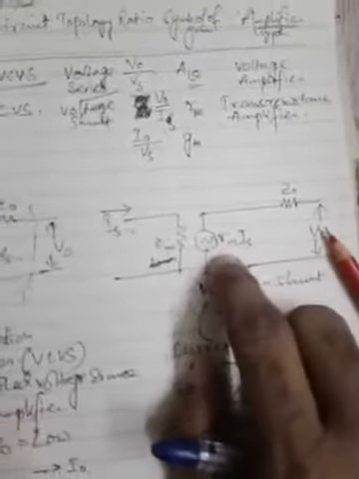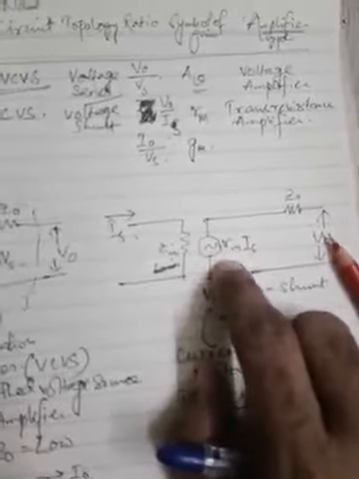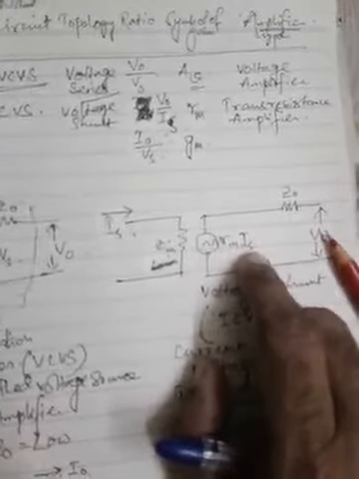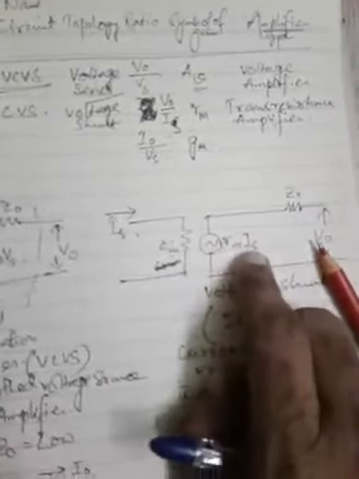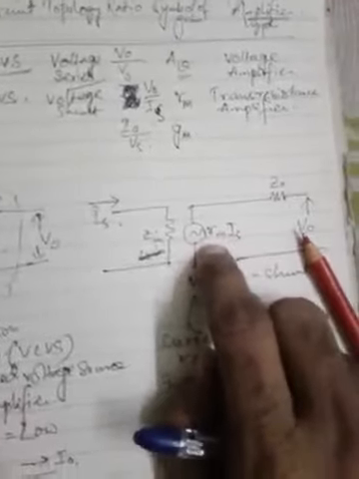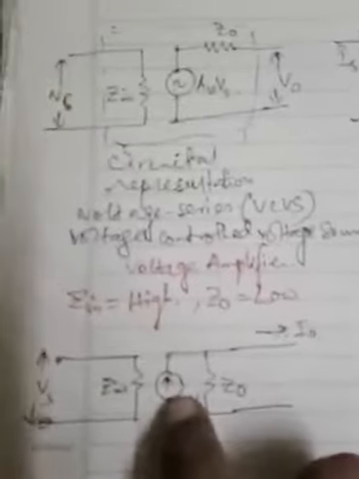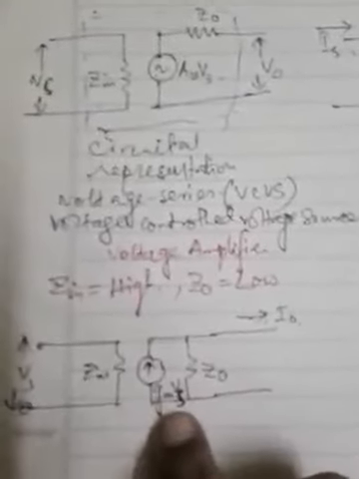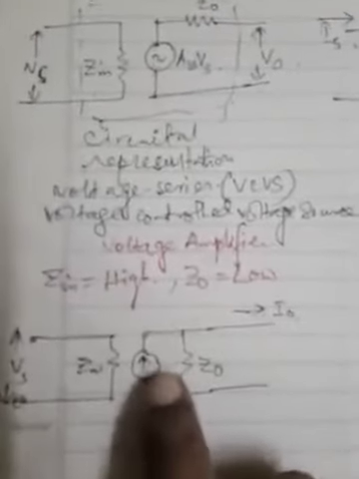In the second case, the output is a voltage source whose value is dependent on the input current Is, so it is a current controlled voltage source. In this third case, it is a current source whose value depends on the input voltage Vs. So it is a voltage controlled current source.